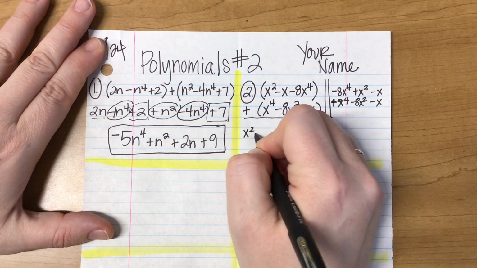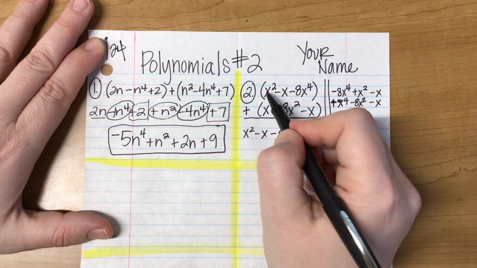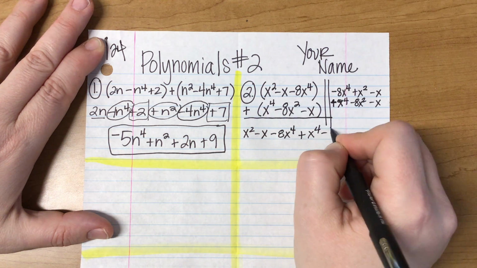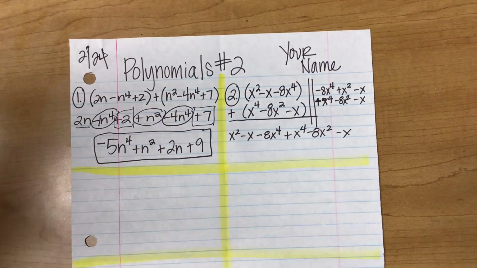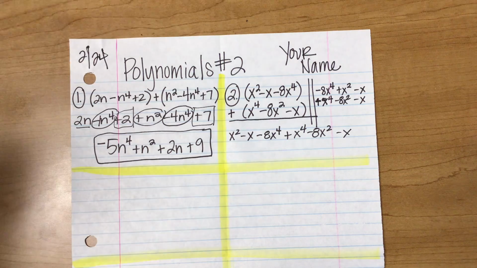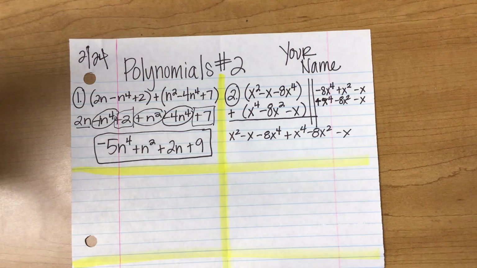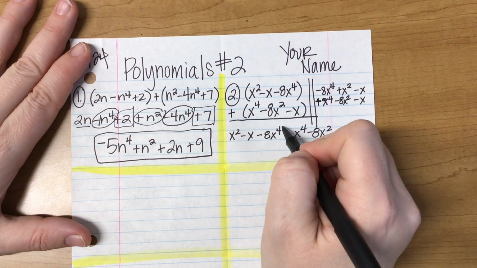X squared minus x minus 8x to the fourth plus x to the fourth minus 8x squared minus x. Nothing changed. It's addition. I'm just taking one trinomial and adding another trinomial. Nothing happened. And then I go through and combine like terms.